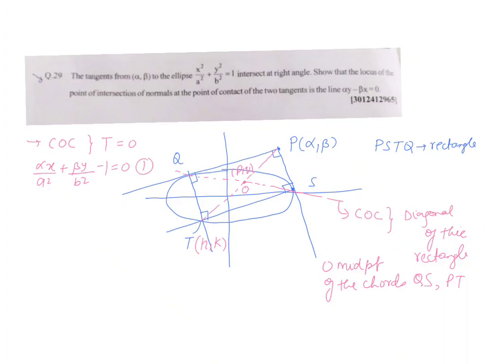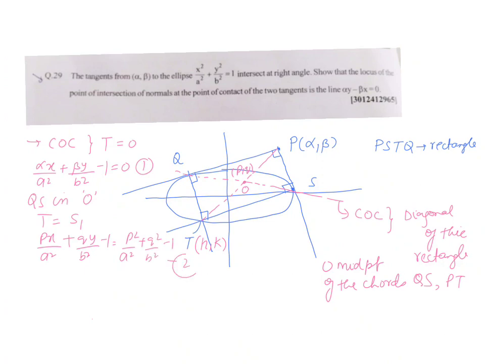Similarly, I can also write down the equation of the line QS in terms of the coordinates of the point O by using T equals to S1, which gives me the equation of the chord of the ellipse in terms of the coordinates of the midpoint. So this will give me px by a square plus qy by b square minus 1 equals to p square by a square plus q square by b square minus 1.